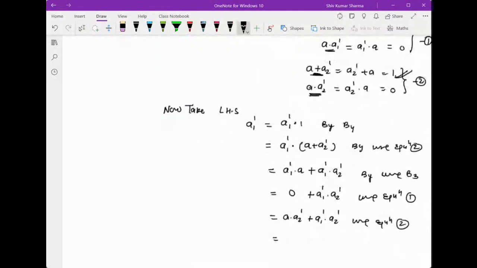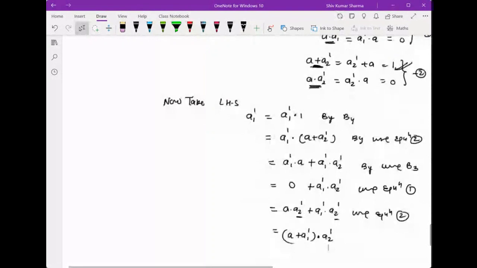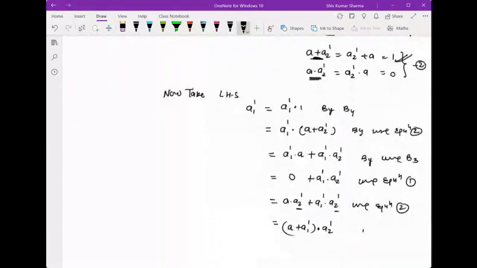अब फिर again we use the distributive law. So when you use the distributive law, A2 complement is common, so we can write A plus A1 complement into A2 complement. Now A plus A1 complement क्या है? 1.